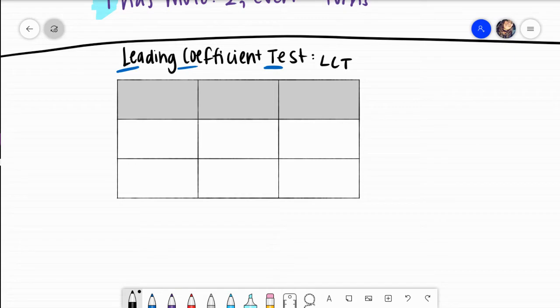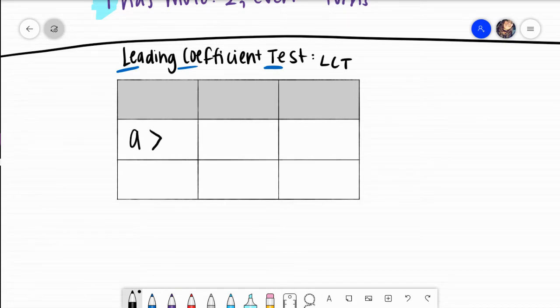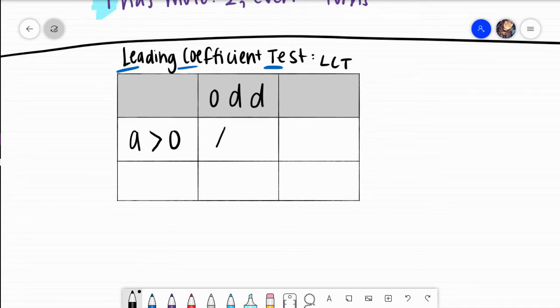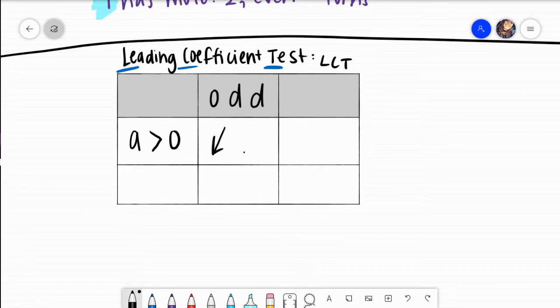Okay, so now I can do it. The leading coefficient test. Okay, if our A is greater than 0 and my degree is odd, so my leading coefficient is the A. If that's greater than 0 and my degree is odd, then your graph falls to the left and it rises to the right.